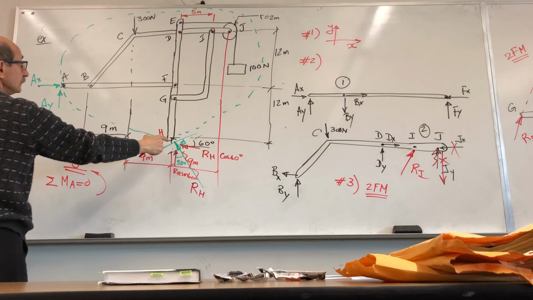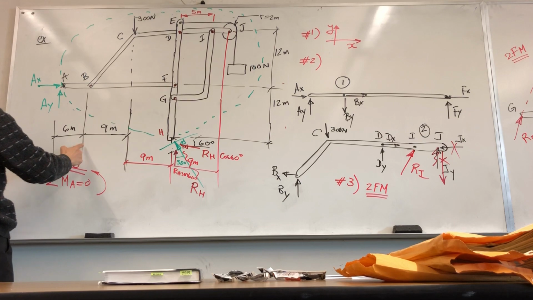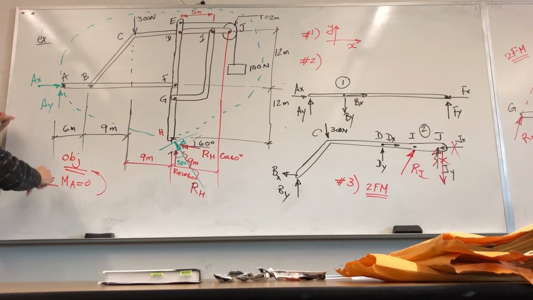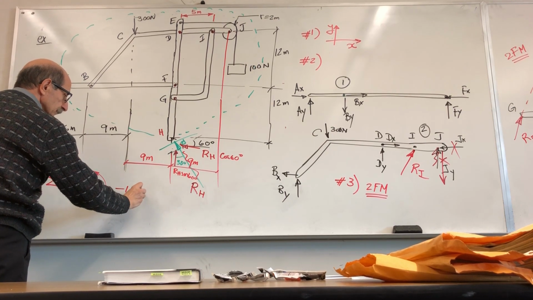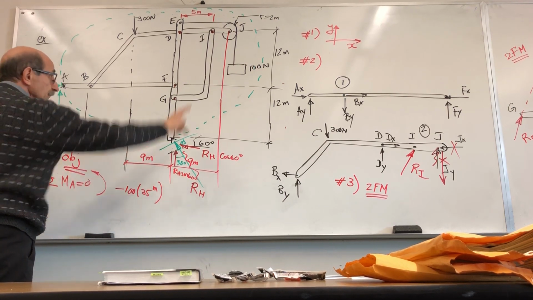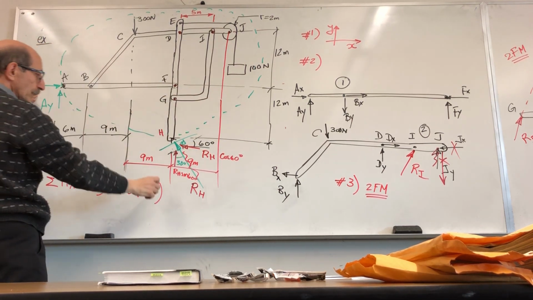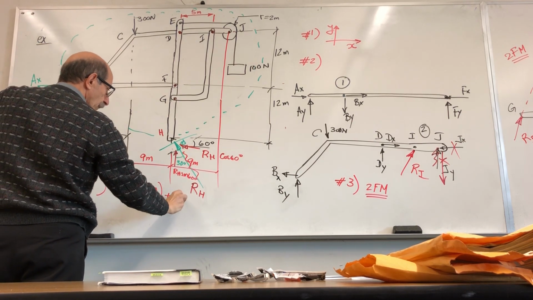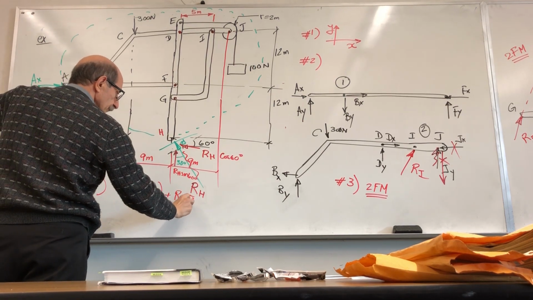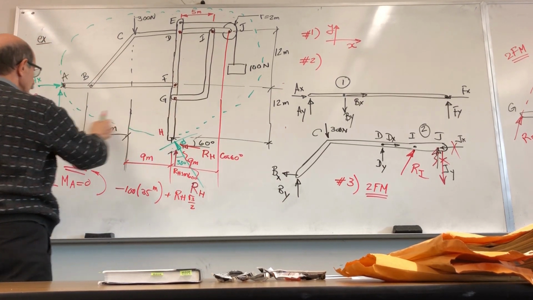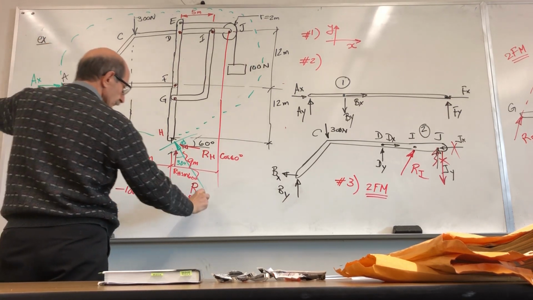So 11 and 18 would be 29, and 6, 35. So you have a counterclockwise force of 100 Newton times 35 meters. That's the moment of that force. Then I have these two. This is counterclockwise, so it would be positive. So I have plus RH sine of 60, which is square root of 3 over 2, times this distance, which is 24, 18 and 6.